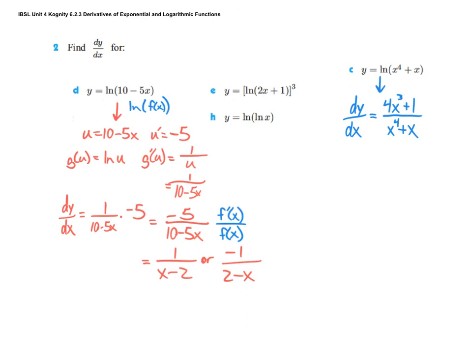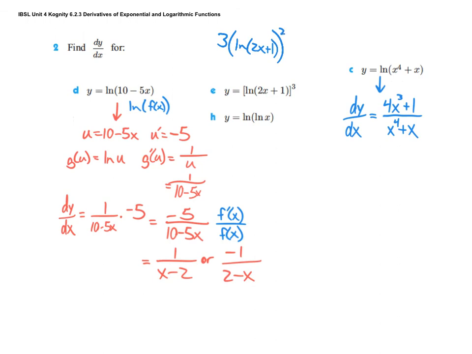So it's 3 ln of 2x plus 1, and that whole ln would be squared now.